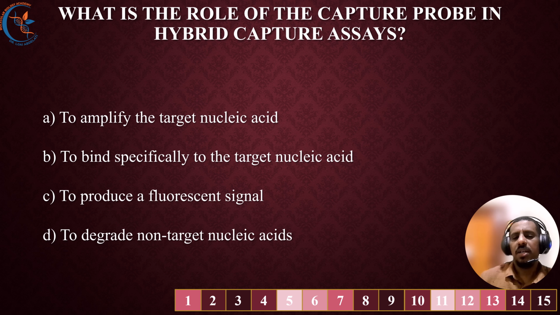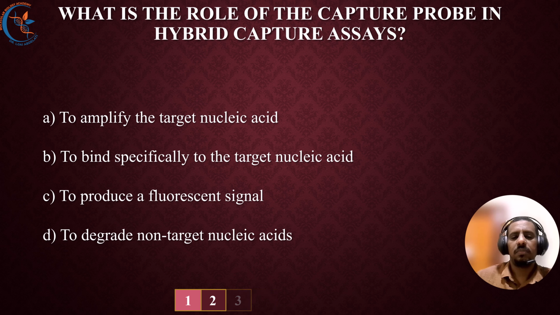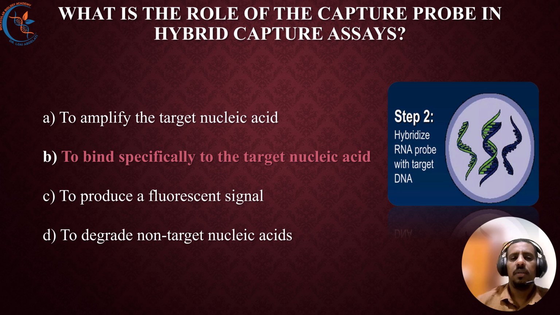Next question. What is the role of the capture probe in hybrid capture assays? The capture probe is designed to hybridize specifically with the target nucleic acid, allowing for its detection. Let's move on.